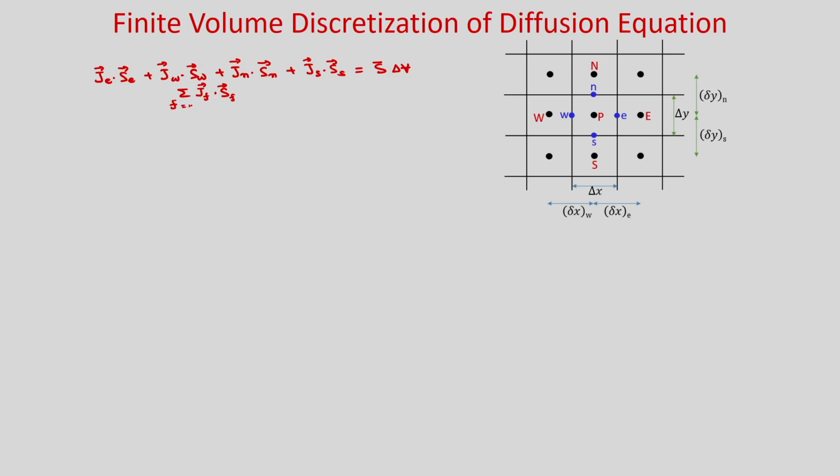Okay. So, the faces are east, west, north, south, equal to S bar delta V. Sometimes in compact form you can write this way.